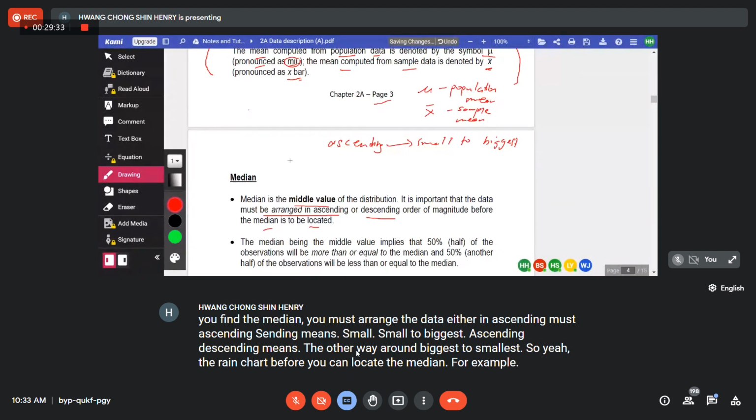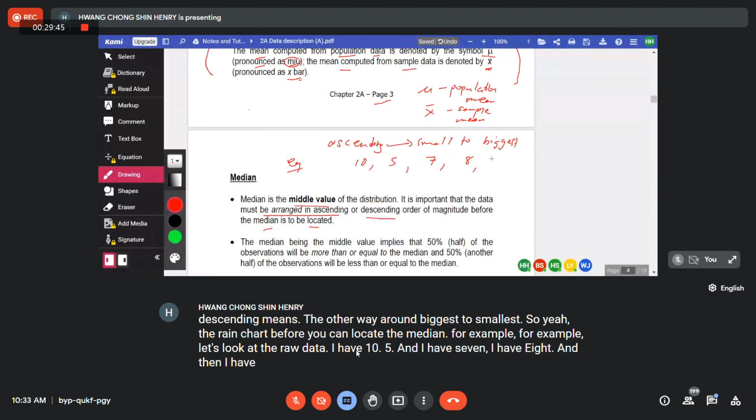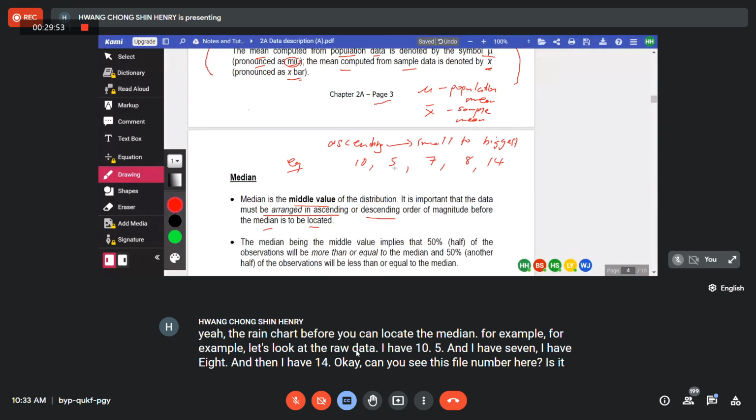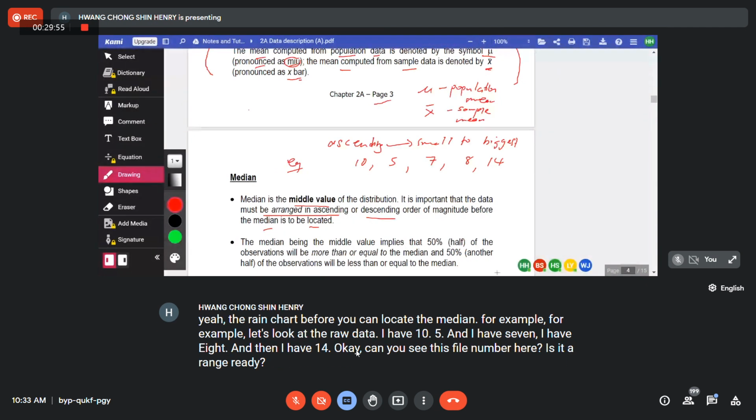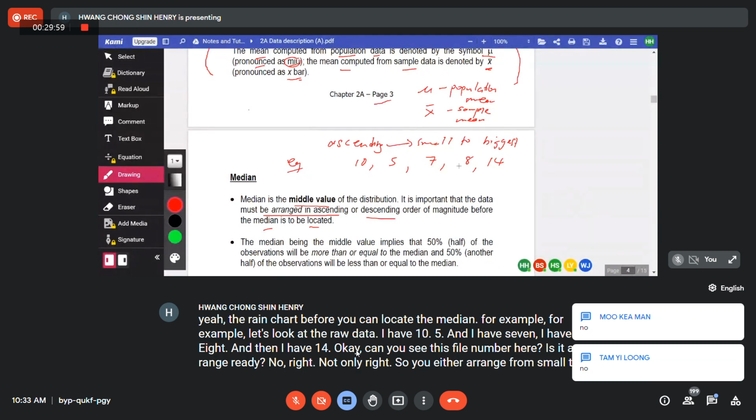For example, let's look at the raw data. I have 10, 5, then I have 7, I have 8, and then I have 14. Can you see these 5 numbers here? Is it arranged already? No, right? Not arranged, so you either arrange from small to big or big to small.